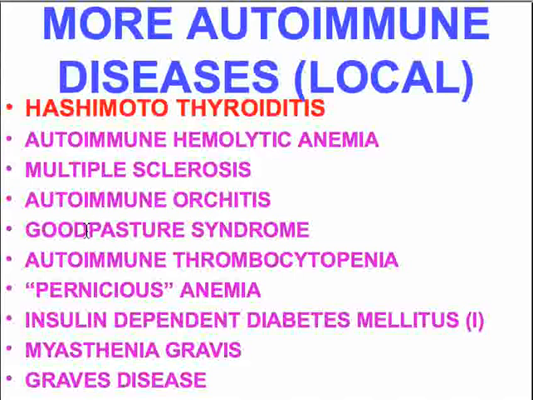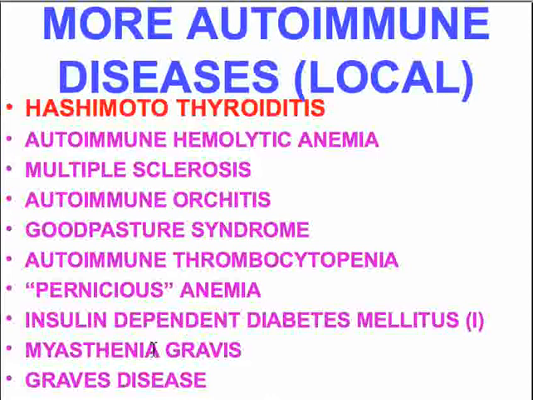In Goodpasture syndrome, you have to remember it's the glomerular basement membrane as well as lung antigens. And here it's platelets. And here it's pernicious anemia. It's the antibodies against intrinsic factor produced in the gastric mucosa. In insulin-dependent diabetes mellitus or type 1 or juvenile, it's against the patient's own beta cells in the islets, so you would get an autoimmune isletitis, if you will.